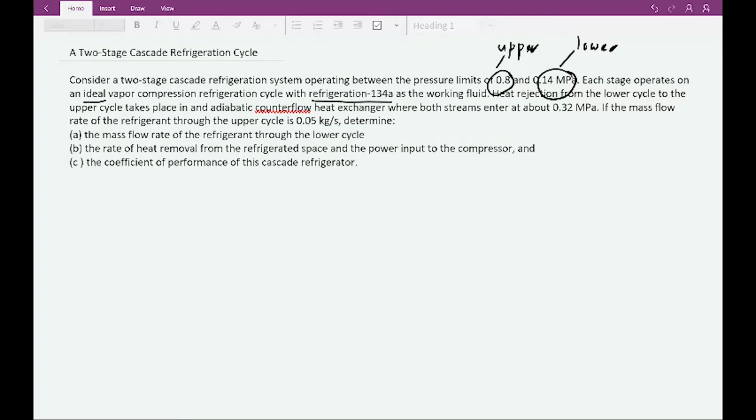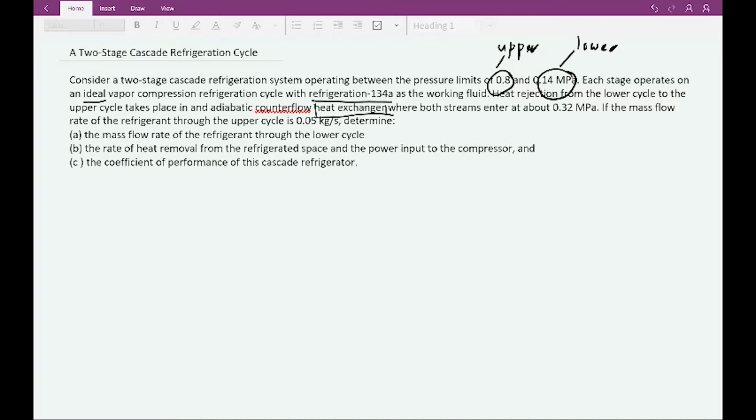Heat rejection from the lower cycle to the upper cycle takes place in an adiabatic counterflow heat exchanger. Because this is a cascade refrigeration cycle, it combines ideal vapor compression cycles together, and when combined, we need another piece of equipment called a heat exchanger in order to transfer the heat from the lower cycle to the upper cycle.